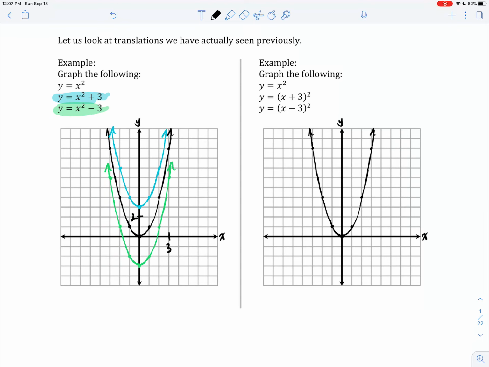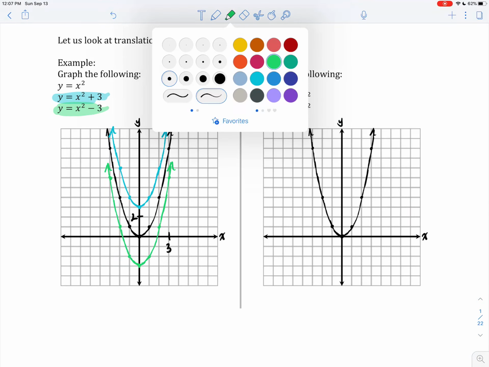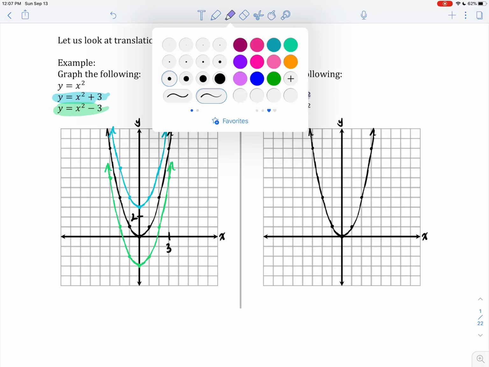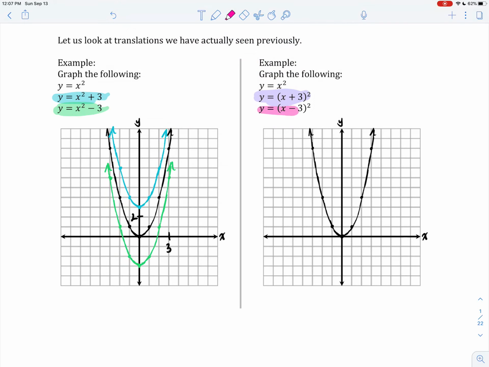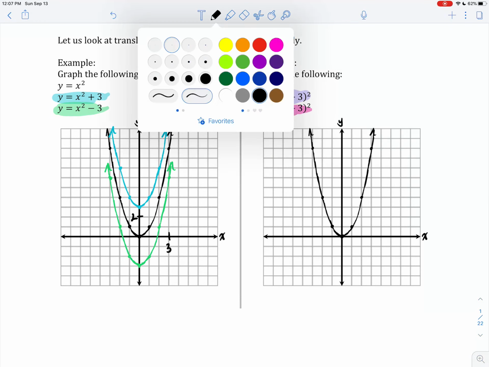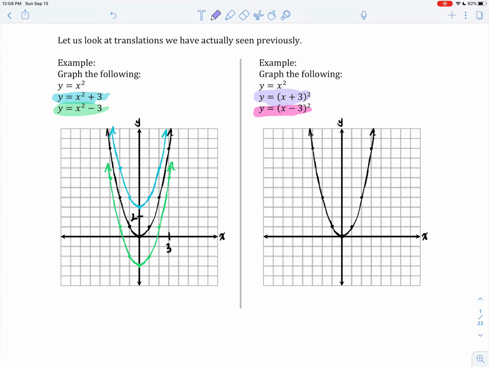All right, I'm going to graph these other two. I will use colors that appeal to me, like this one. And this one. Just for recall, we know that this has a vertex at -3, 0.